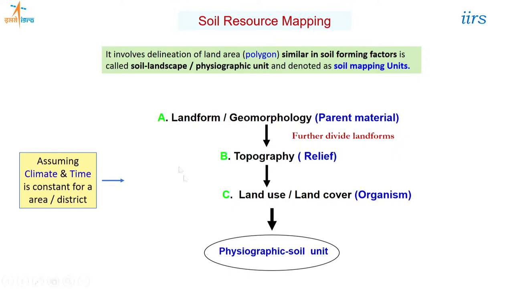So this is the simple approach to get the soil map units, or to get the polygons, and the polygons will be similar in soil forming factors. These polygons we call physiographic units, and they are denoted as soil mapping units.